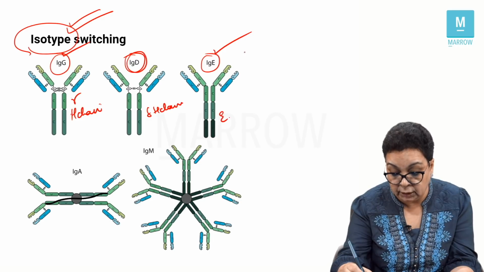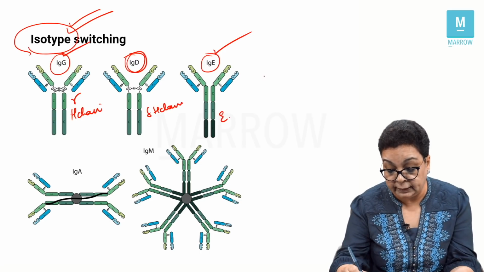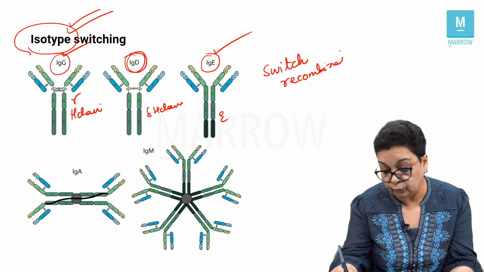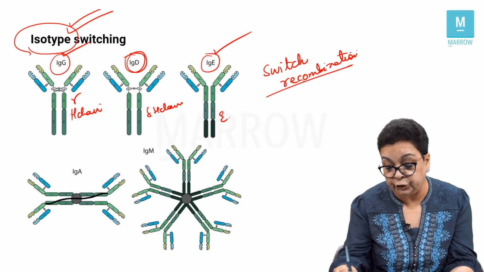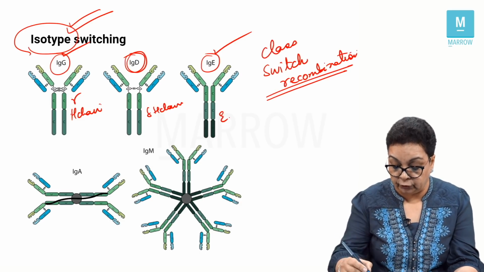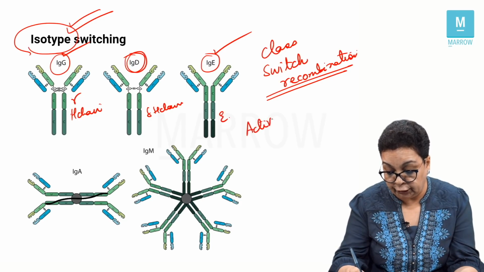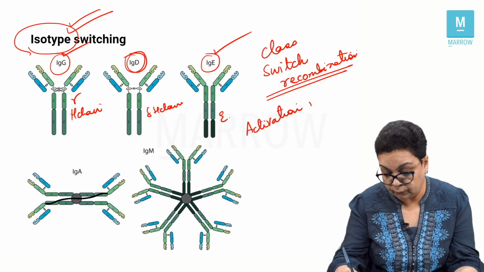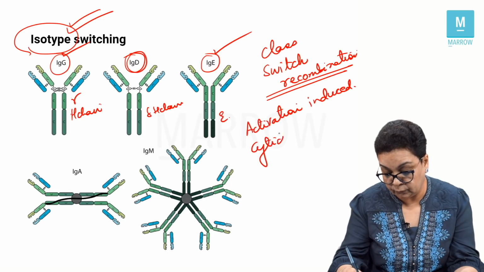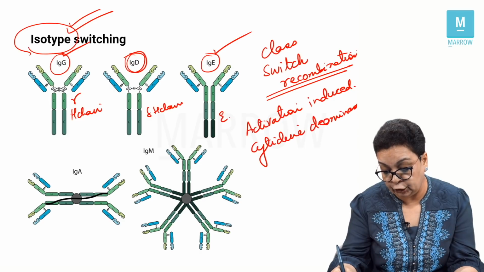So remember, this isotype switching is because of what is called switch recombination, class switch recombination. And which enzyme is responsible for this? It is activation-induced cytidine deaminase, AID in short.